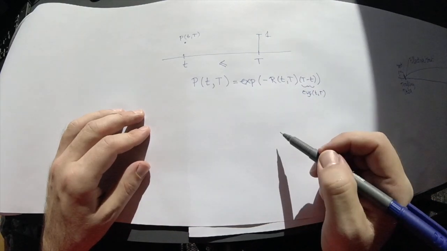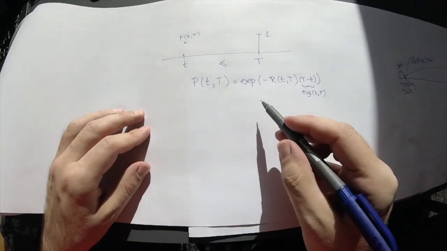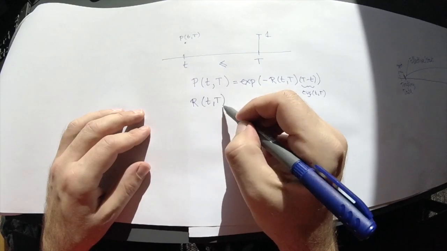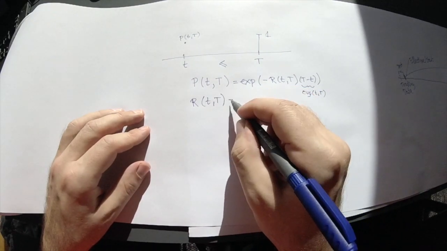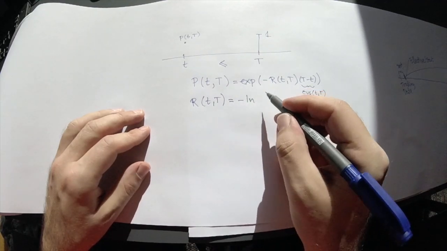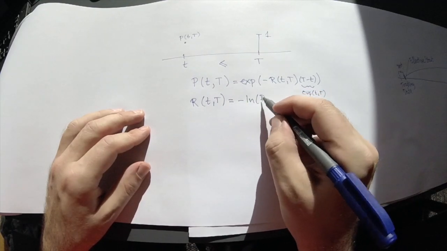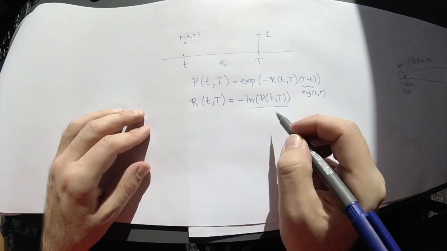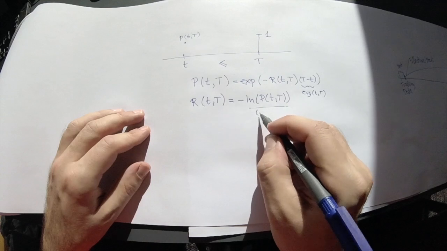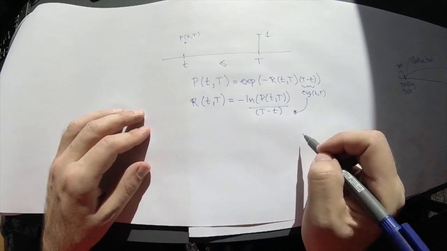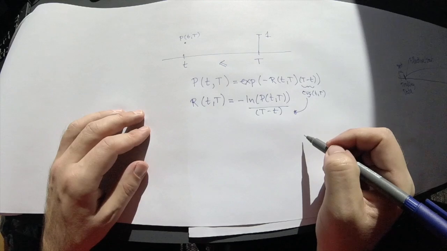So that could be one way, and that also shows us that there is a relationship between zero coupon bond prices and rates, as zero coupon rates being minus the log of the zero coupon bond price relative to the distance in time. And again, think of this as the coverage if you were to be completely precise.